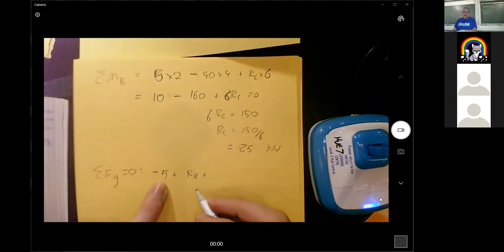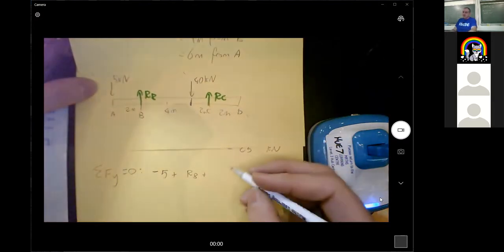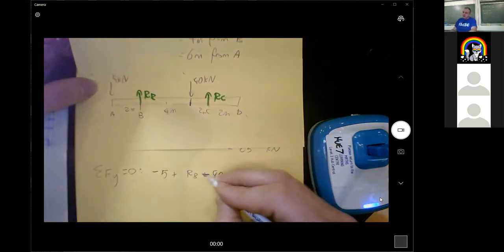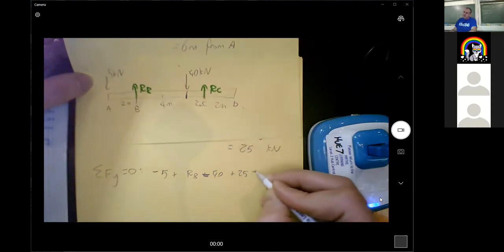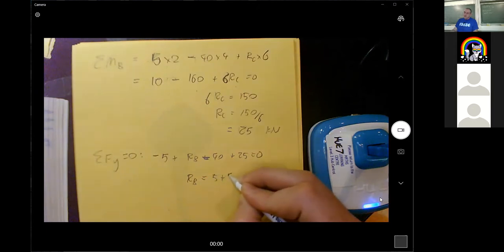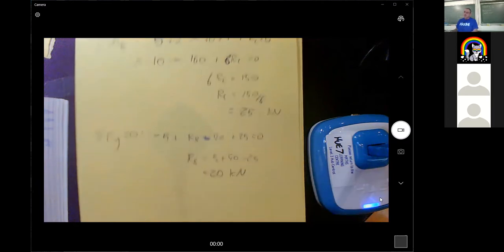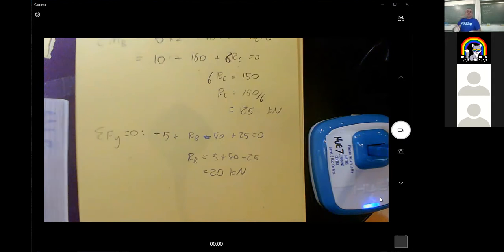So I've got minus 5 over here, plus the reaction at B, and then a minus 40, and plus the reaction at C, which is 25, and that's supposed to be 0. Okay, so now I have all the bits. I can put them back in my diagram now.